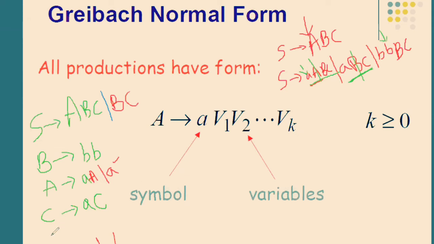Let us say capital D tends to small b is the new production that I want to add here. Now this B that you can see can be replaced with capital D.